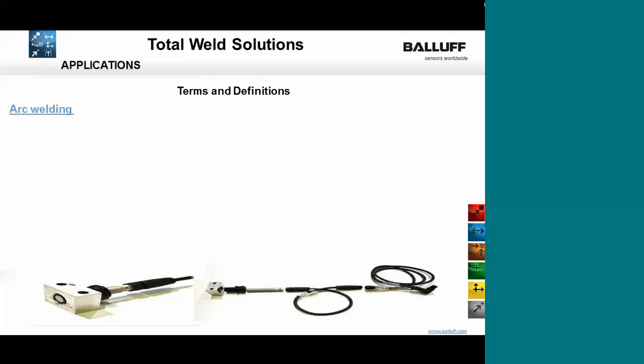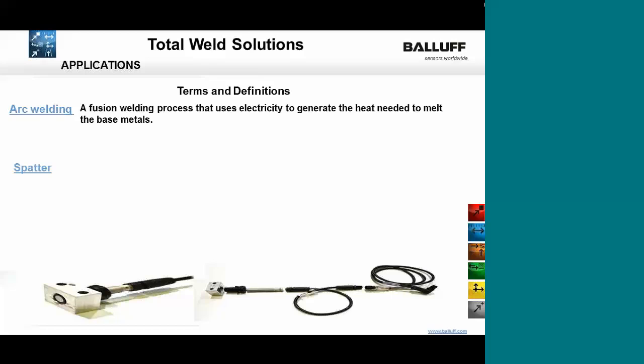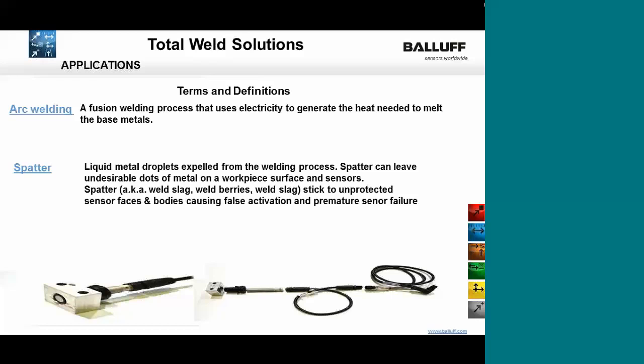Getting started, we'll cover a few terms that you folks may hear when you're speaking with your customers. Arc welding is a process where fusion welding is done using electricity to generate heat. So the two base metals are heated to such a degree that they melt and fuse together. A spatter is a term where liquid metals are turned to droplets.